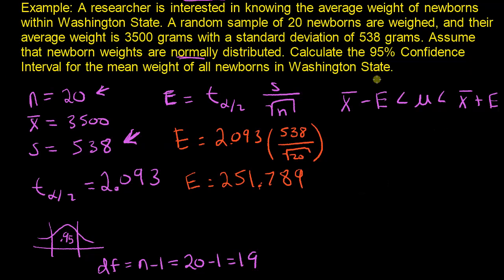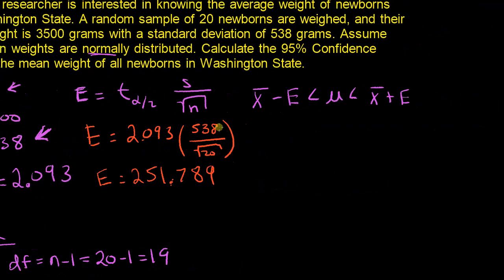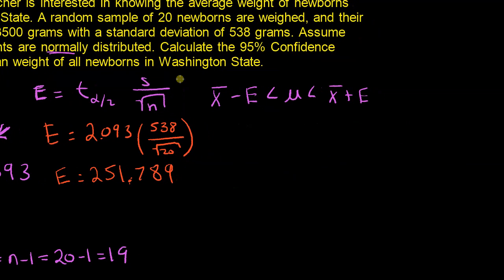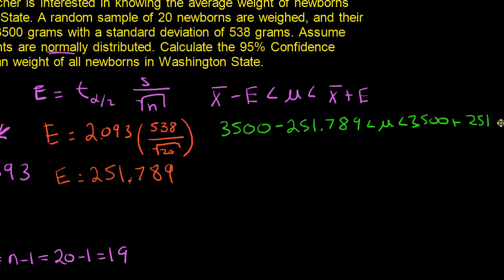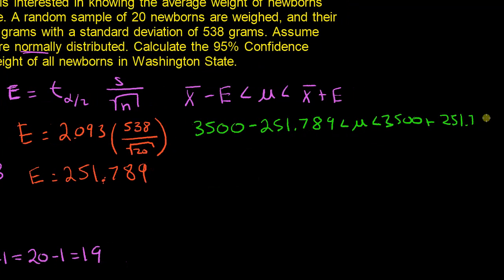So now we just need to plug that in over here, and we'll have our confidence interval. I'm going to go ahead and move the screen over. So I have the X bar, sample mean, which was 3,500, minus the margin of error, 251.789. Mu is in the center, and then 3,500 plus the margin of error, 251.789.